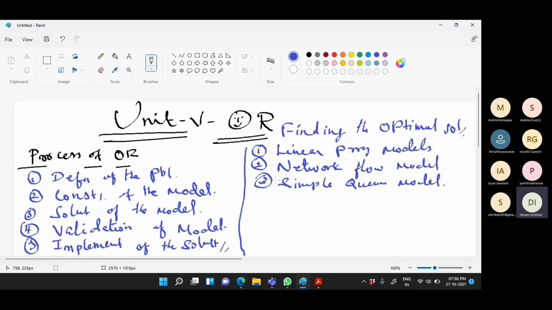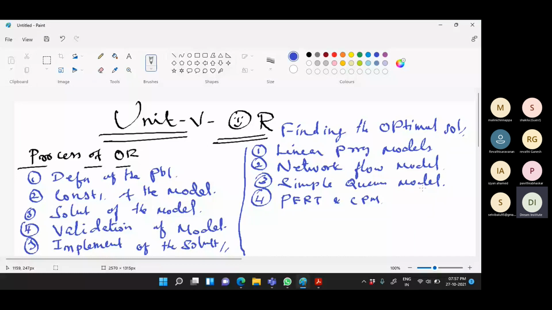Last one, PERT and CPM. Okay? So we are going to study all these models.